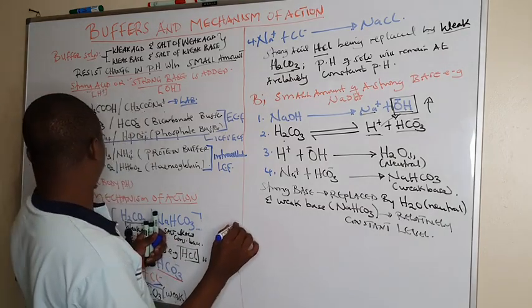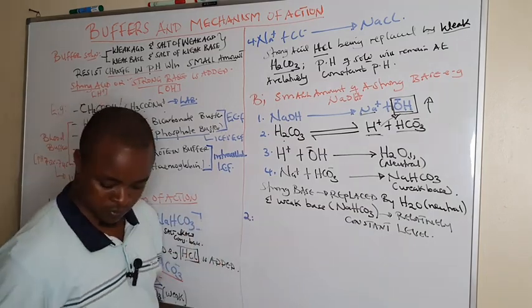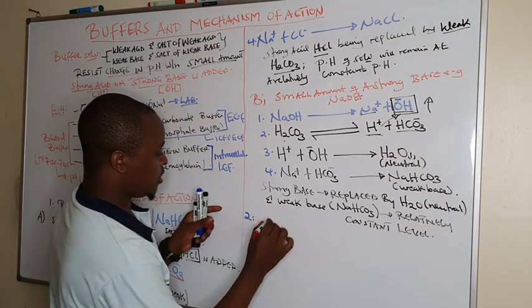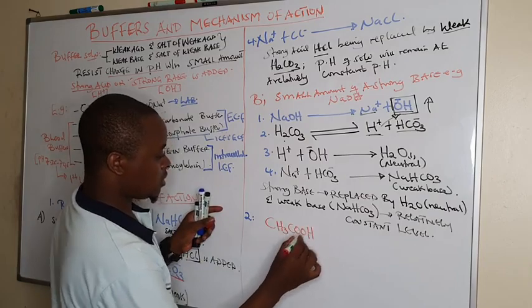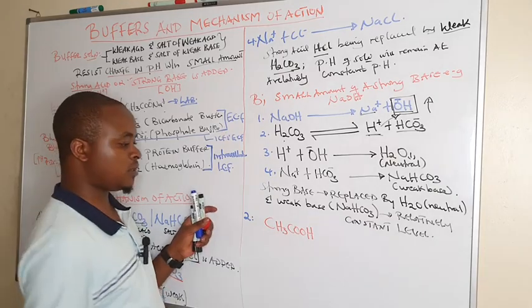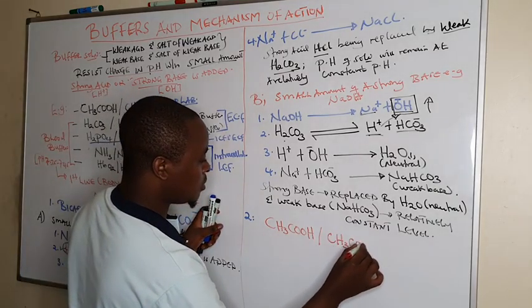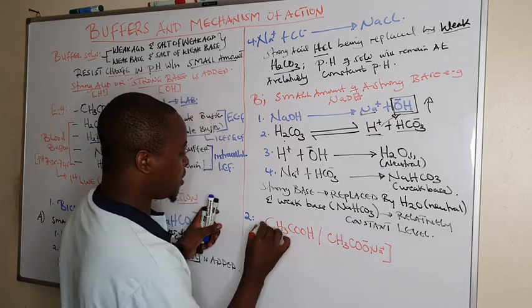So this is going to be buffer number 2, which is ethanoic or acetic acid, which is going to act as a conjugate acid together with the conjugate base. So this is the buffer.